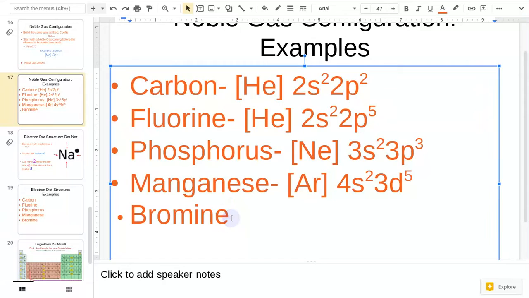And bromine is going to be even easier. Again, not easier, but a lot simpler than what we wrote down the first time. So again, we have argon, and then we have 4s2, and then we'd have 3d10, and then we'd end with 4p5.